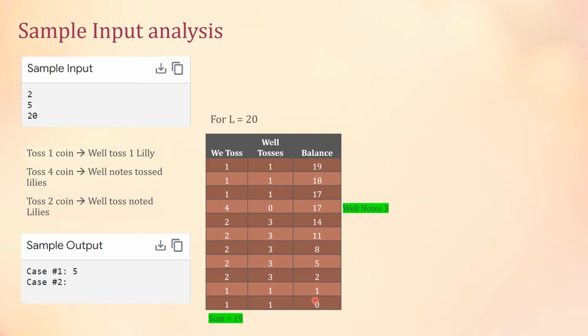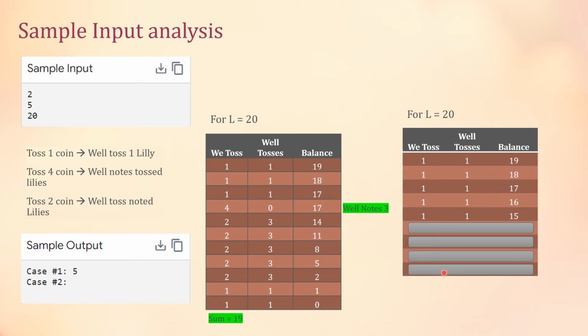To make it optimal, let us consider the same thing, but instead of tossing 4 coins the fourth time, let us get 5 lilies first, using one coin each. Then we will toss 4 coins. The well doesn't toss any lilies, but it notes down that it tossed 5 lilies before.